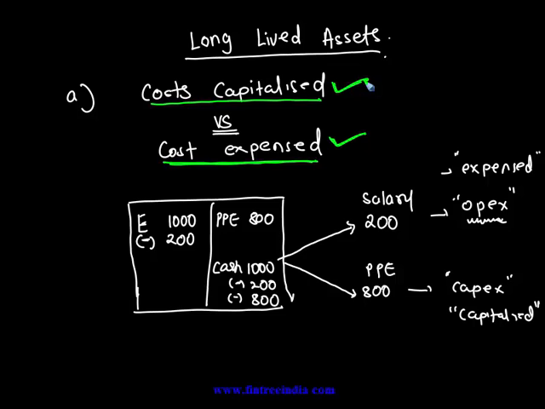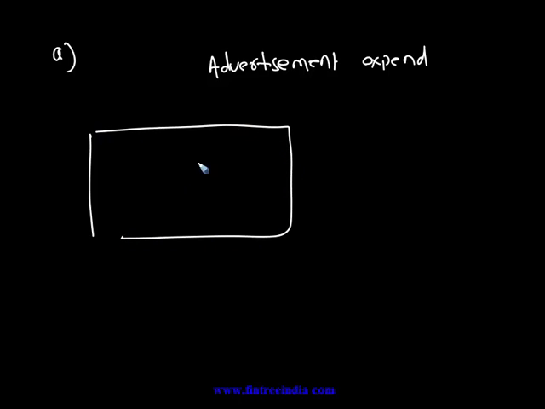Okay. Now, in most cases, it's very clear when to capitalize and when to expense. But in certain cases, for example, think of advertisement expenditure. Let us say a firm has spent, so this is again a balance sheet.